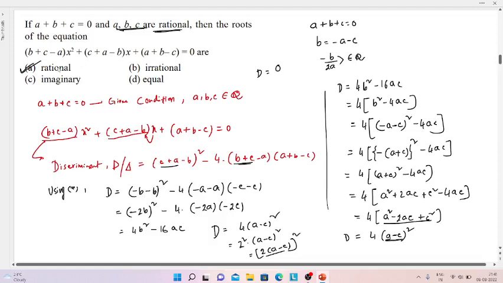So option A is the correct option. I can understand that this may be a difficult problem, but you can understand what it is trying to say, right?